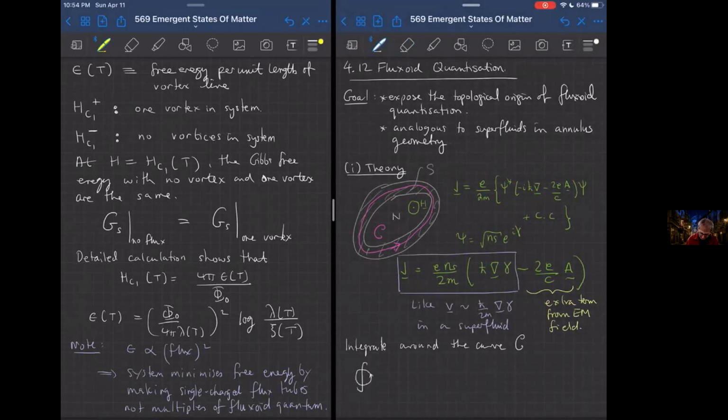First of all, I'm going to write down my integral on the curve of J dotted with dr, and we can just do this in our heads.